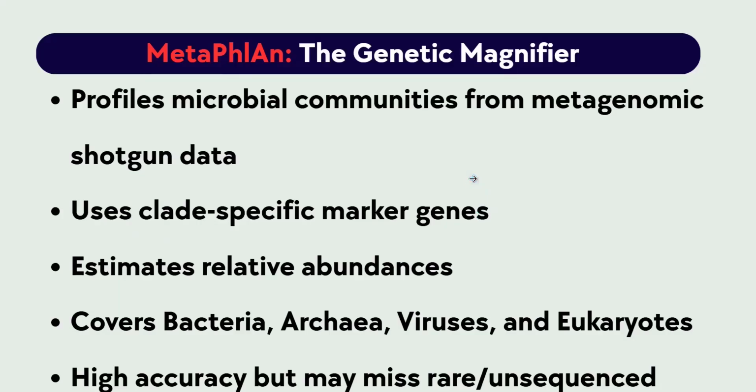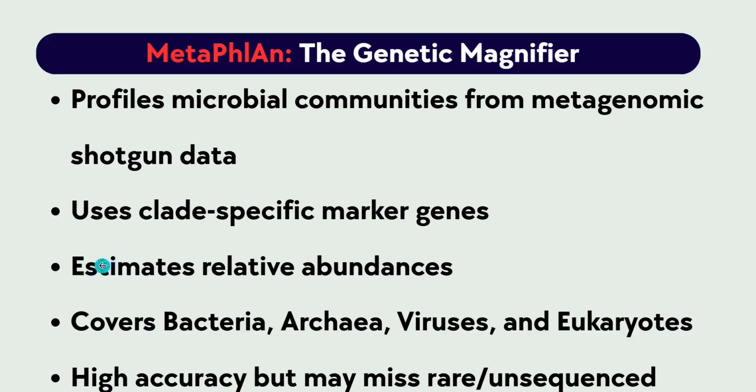This means that instead of looking at all DNA, MetaPhlAn only looks for unique markers that are known to belong to specific microbes. And this is so important because it makes the results very accurate. Like I have said, when MetaPhlAn says something is there, you should trust it.